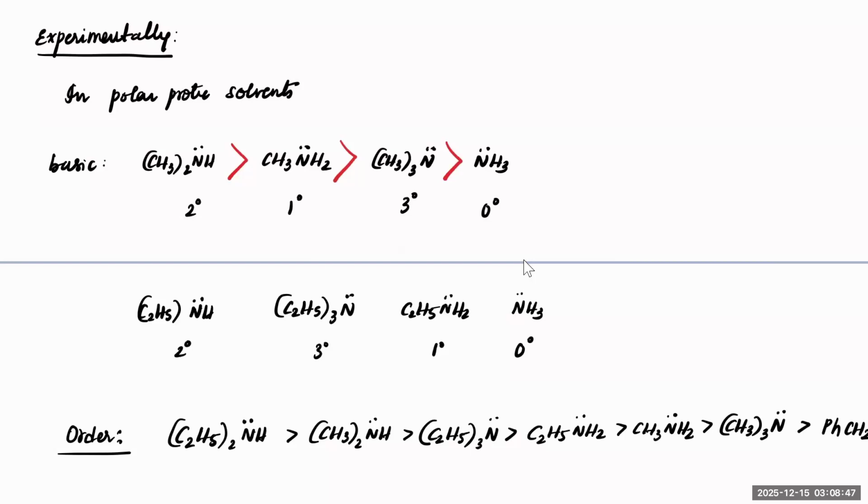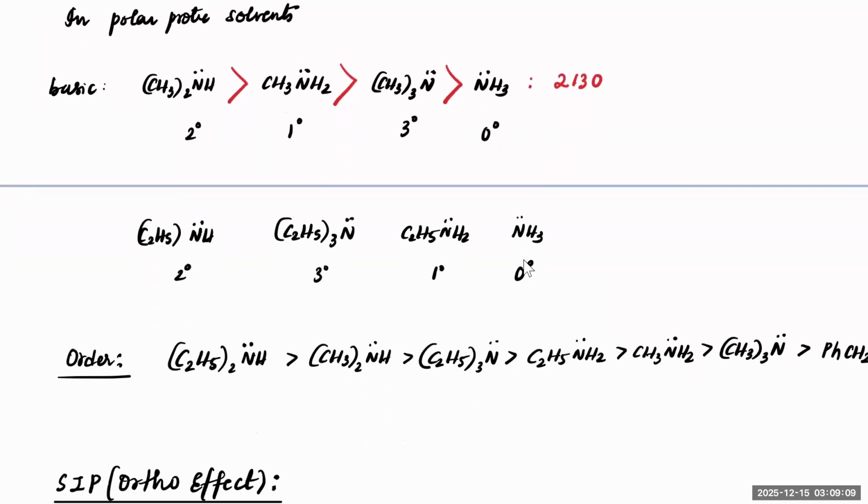Now here, including both the effects, inductive effect as well as solvation, this is the order you will get. So, everywhere aqueous solution is mentioned, if water is mentioned, that means the order of these amines will be 2130. So remember it as the number 2130.